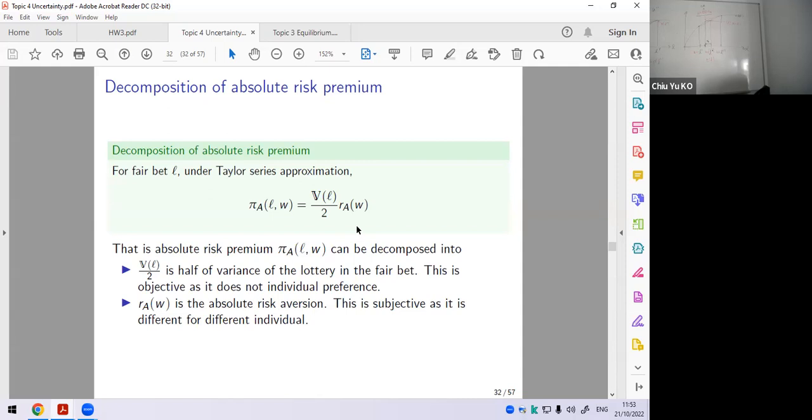So that's why risk premium is decomposed in two parts. One part is the objective part, independent of your preference, nothing related to your preference, just the variation of the lottery. The second part is related to how concave you are. It turns out it doesn't only depend on concavity, but also on your slope at that point, and this is why we have CARA, RA, CA.